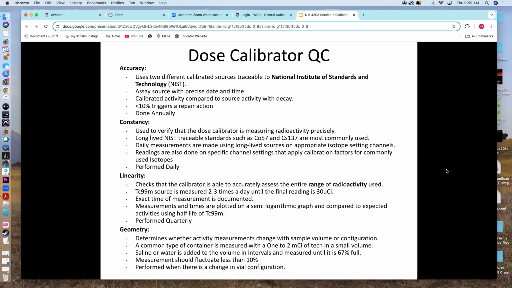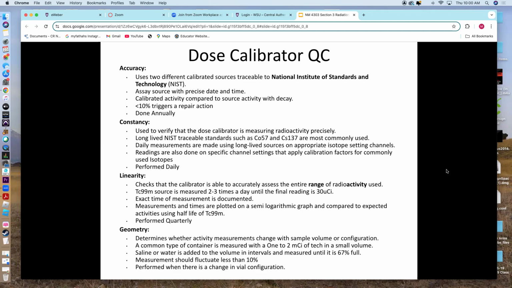So it's like you're creating time out of just attenuation. And so in the dose calibrator, there's an expected value of what that dose should be based on how much of that attenuation is in the way. So that's kind of the same idea of if the dose is getting smaller, again, can you accurately assess a dose across a large range of activity and time of activity, okay? So that one is performed quarterly.